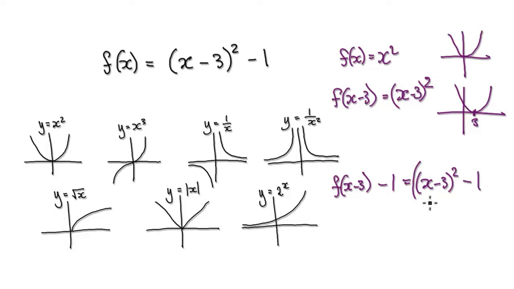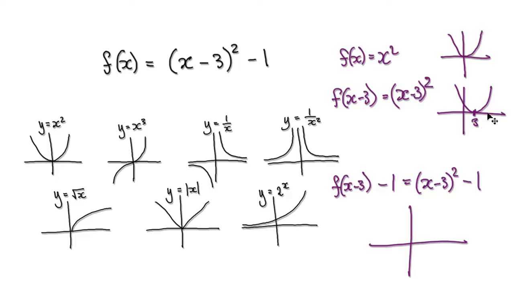Now you have no idea what this thing looks like, but you do understand this transformation. This transformation says you take the previous function and then you drag it down by 1. So you take the previous graph, which is this graph here, and drag everything down by 1. Earlier it was at 3, so you drag it down by 1.